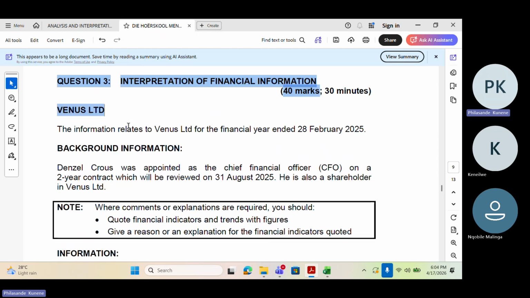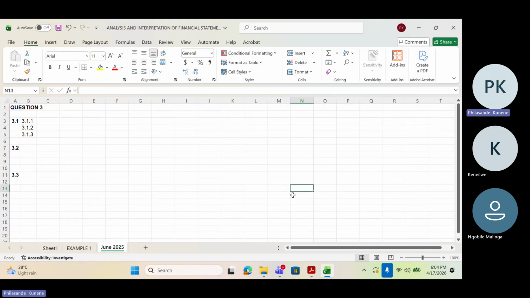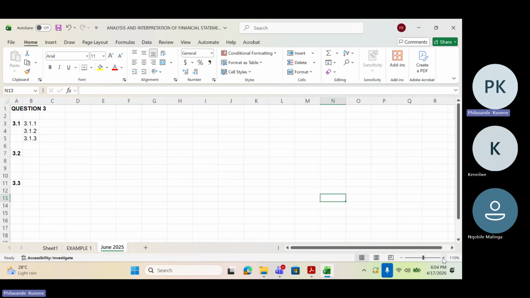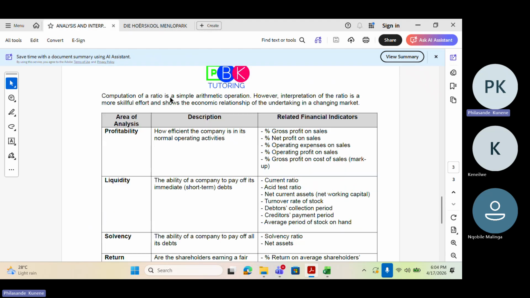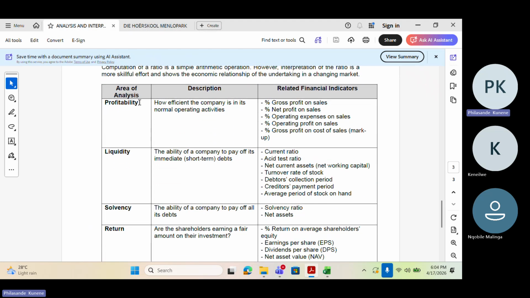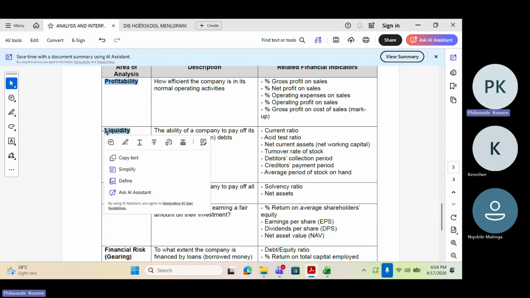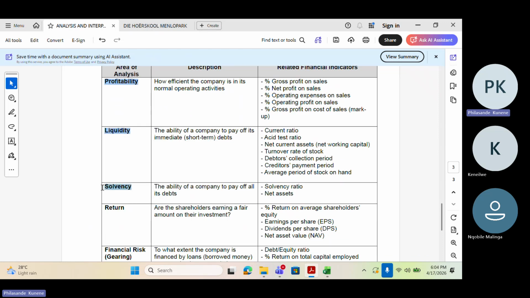This is Venus Ltd, the company that we're working on. So here I have a spreadsheet where we're going to answer the question. And then here I have our note that we worked on, the analysis and interpretation of financial statements. You remember we spoke about profitability, liquidity, and solvency. We just need to know the description.